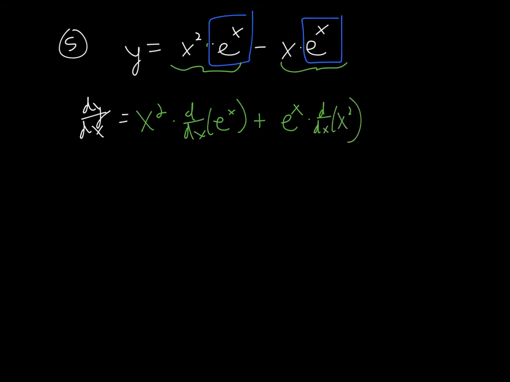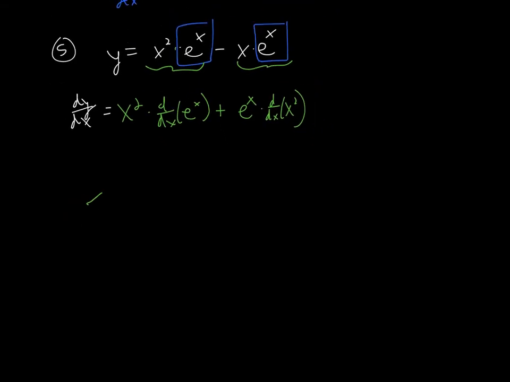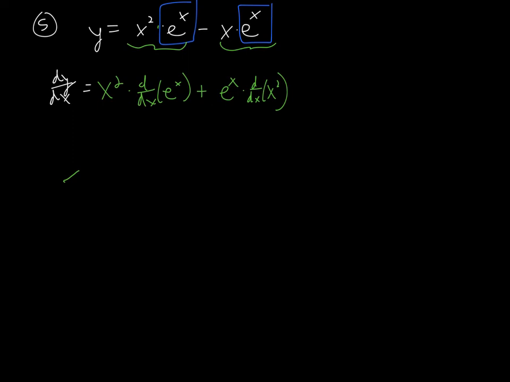I haven't actually done the derivative yet. I'm just keeping track of what I'm doing to organize. So let me move this and maybe shrink it just a little bit, give myself a little bit more room. And now let's go ahead and write out the second part, then I'll do all my derivatives.